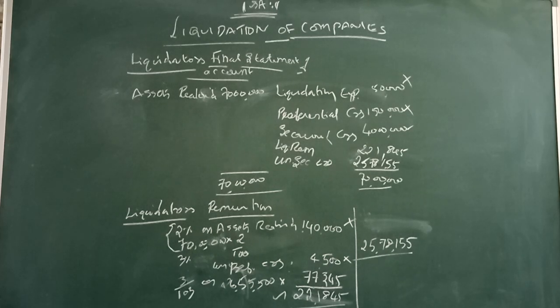The main thing is cash receipt: how will the company receive cash at the time of liquidation? Simple, when assets are realized. You are trying to understand how the company will get the amount at the time of liquidation.